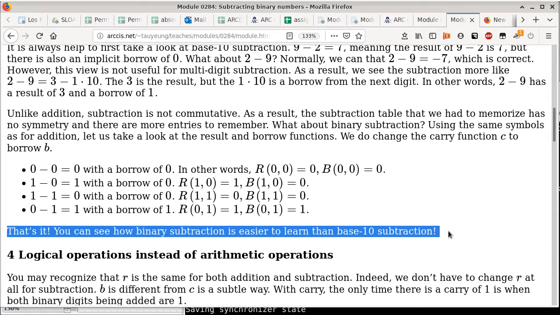But in base 2, it's not that hard. It's pretty simple when it comes to learning subtraction. In this class, many of us will feel that this is actually difficult. That's only because we have learned base 10 already, and we instinctively think in base 10. But base 2 inherently is actually easier.